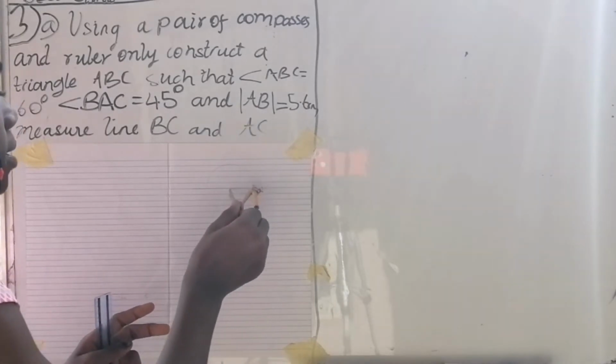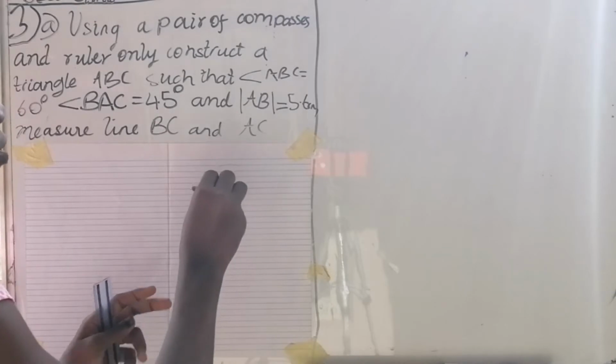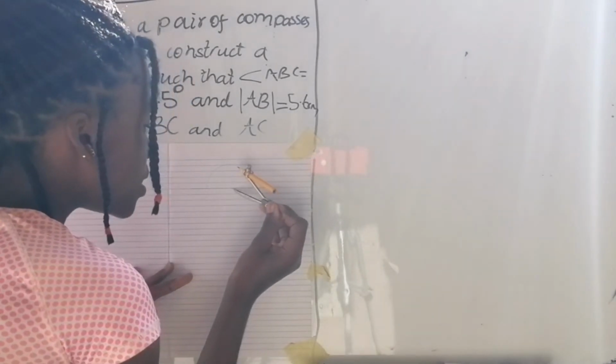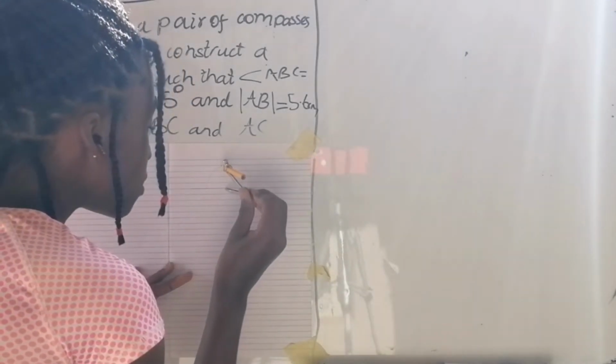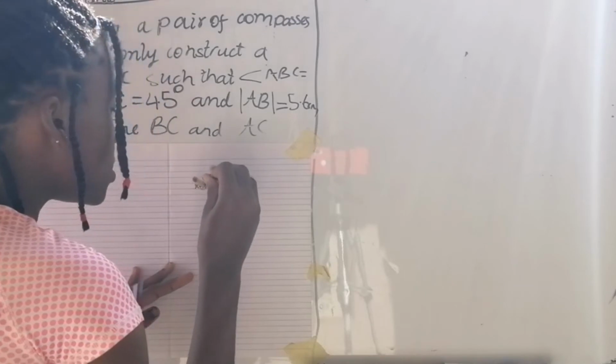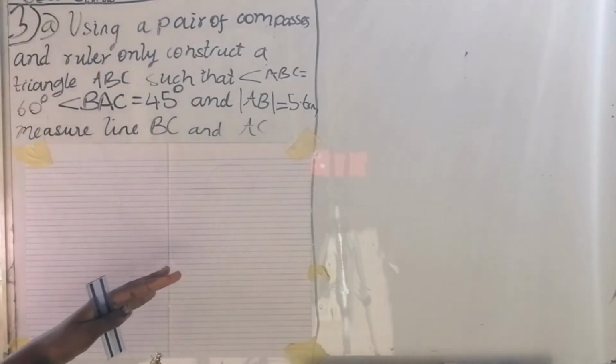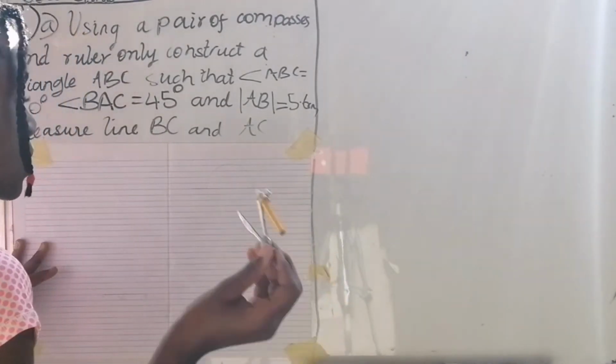You draw a semicircle touching one point of the line to another point. Good. So now let me show where my point is. This is my point.